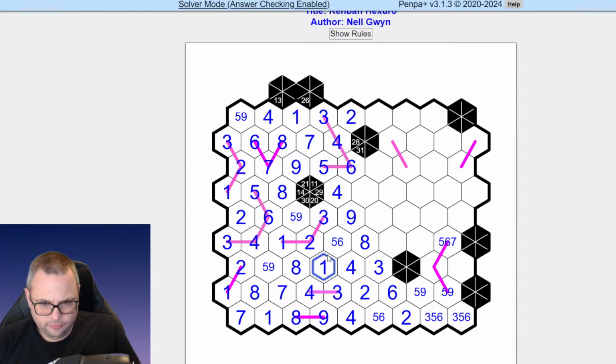One of these two is 3, but I don't know if that helps me yet. Oh, right. This cell is never 5 because this cell sees those 2, so this is never a 5. I agree.